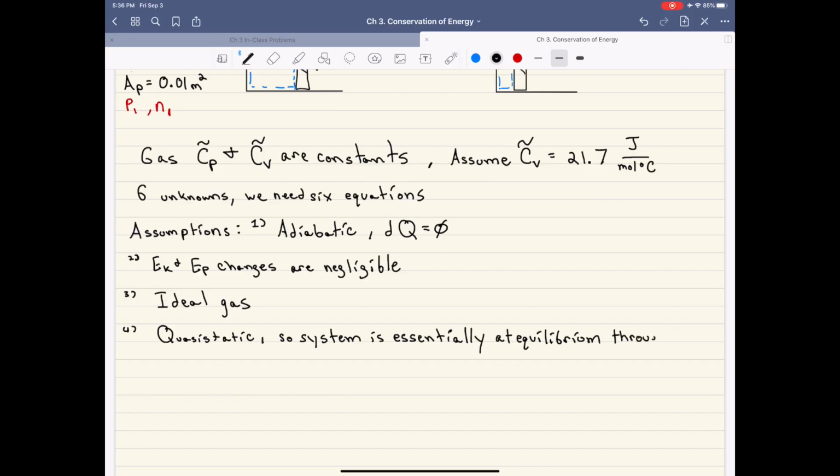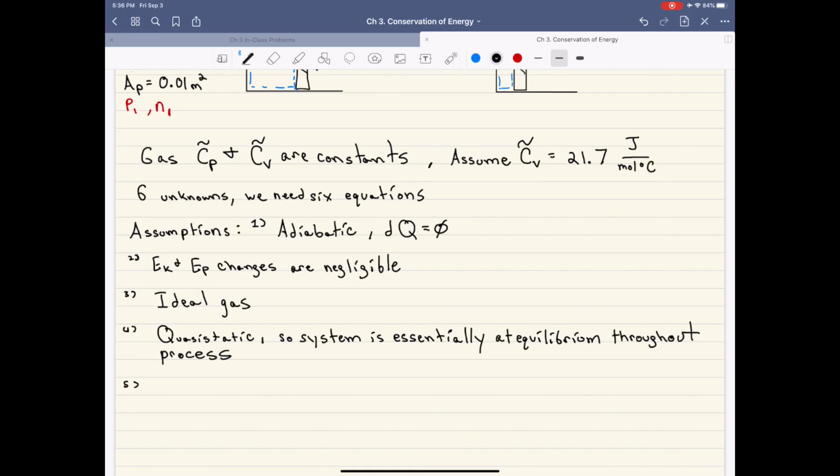If it's at equilibrium throughout the process, that allows us to apply various equations of state to describe things like pressure, volume, and temperature. In particular, that allows us to describe the pressure of the system using the ideal gas law. These are the list of assumptions that we're going to invoke for the system.